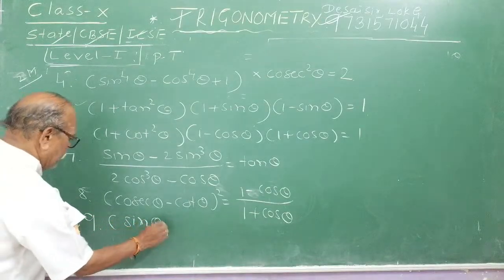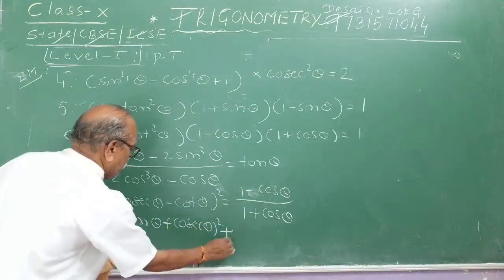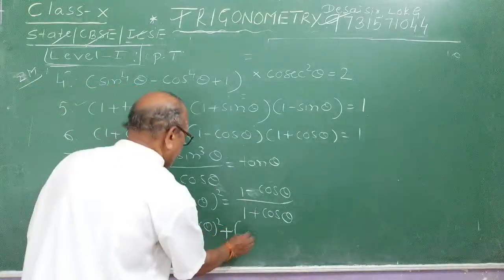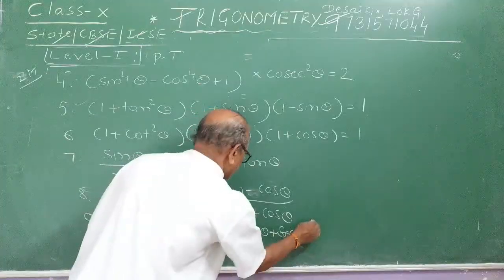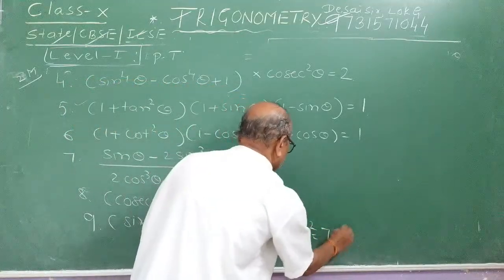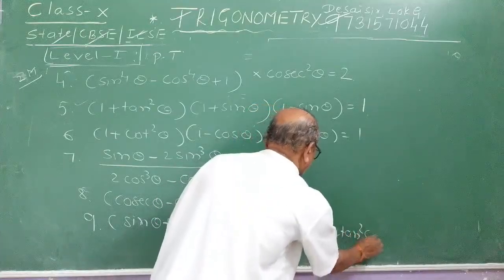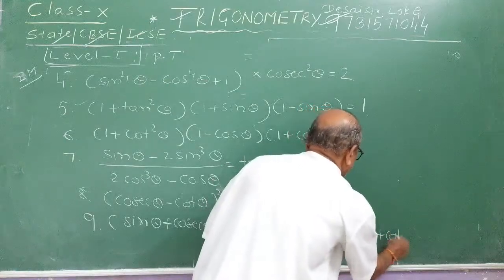Sin theta plus cosec theta whole square plus cos theta plus sec theta whole square is equal to 7 plus tan square theta plus cot square theta.